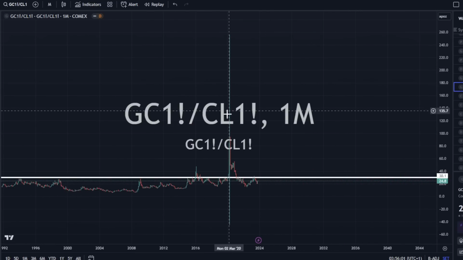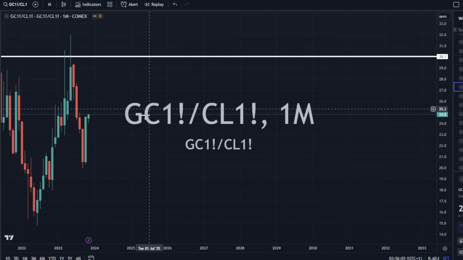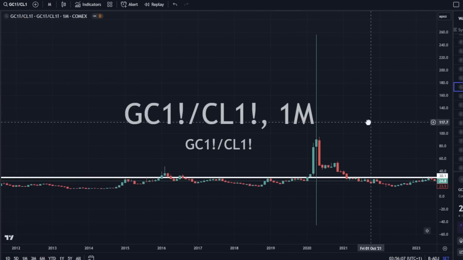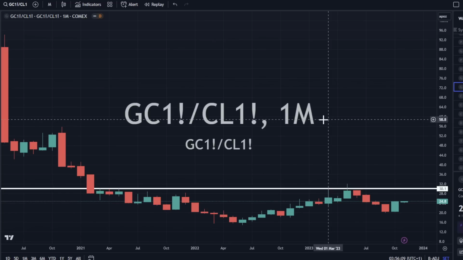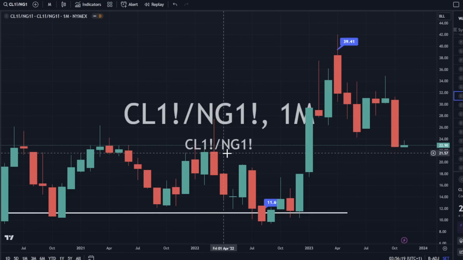That's when the price of oil traded negative. Right now, if I were to expand this, 24 is at a really cheap ratio, which means crude oil is very cheap to gold.